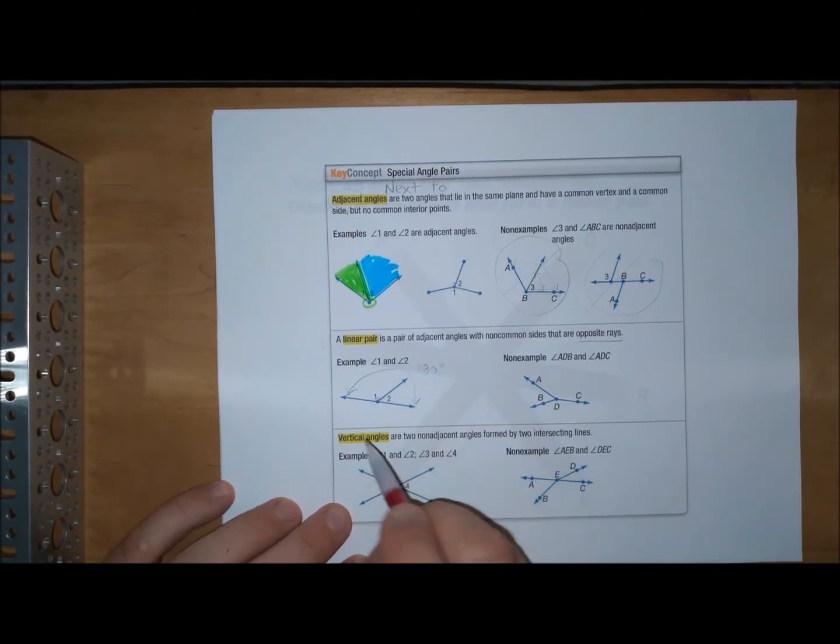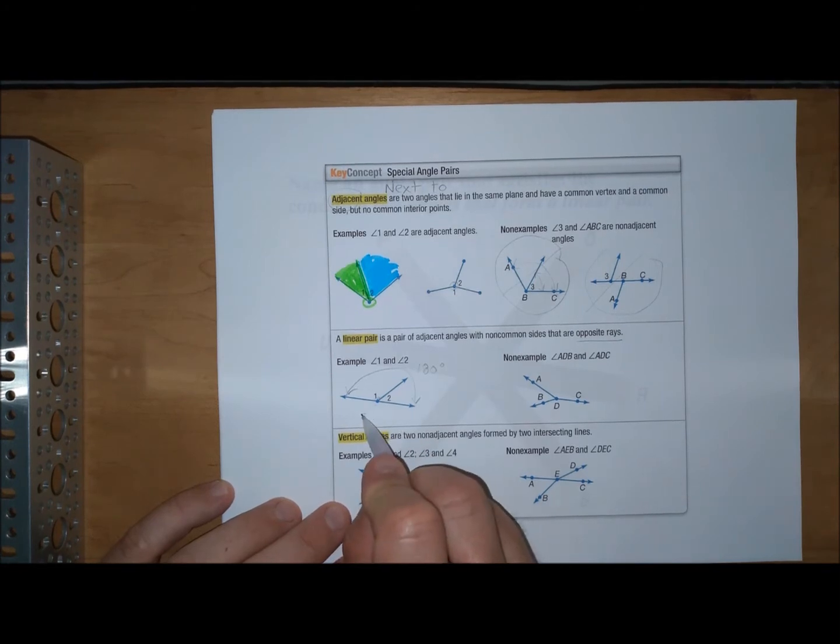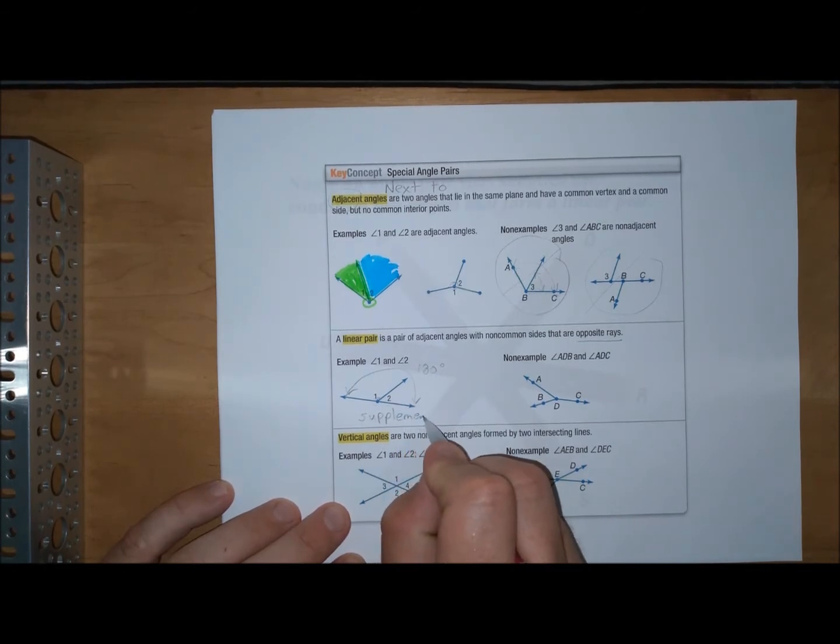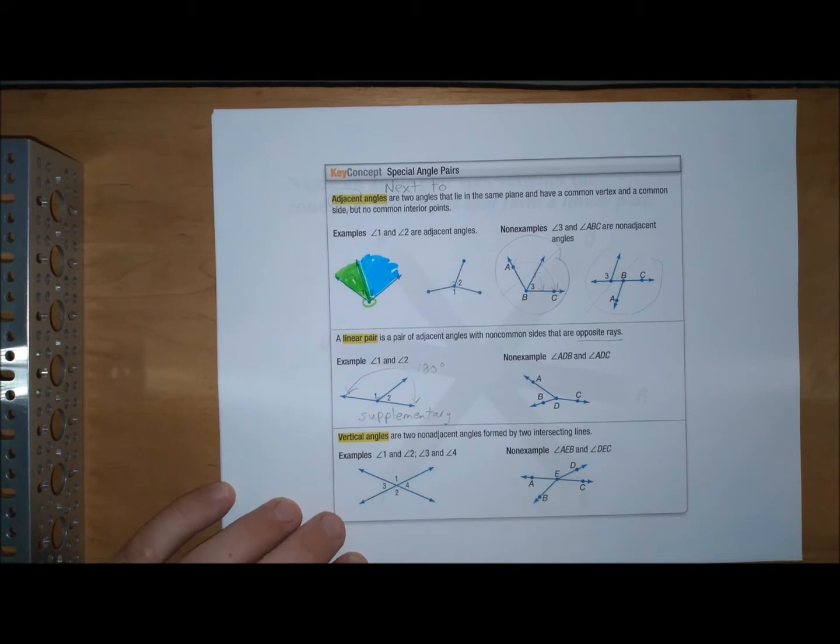Okay, so what's significant about a linear pair is that they add up to 180 degrees. We're going to learn in one of the subsequent slides that means they are supplementary angles. Very significant. So if you know one, you actually know the other because you can subtract from 180.